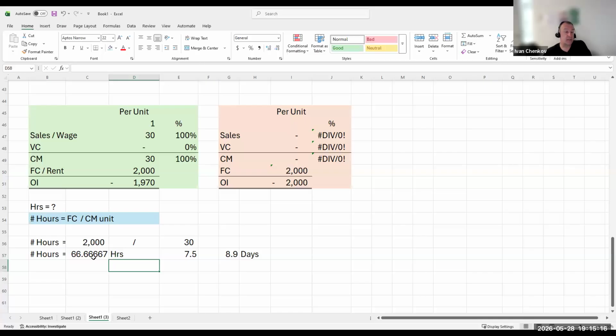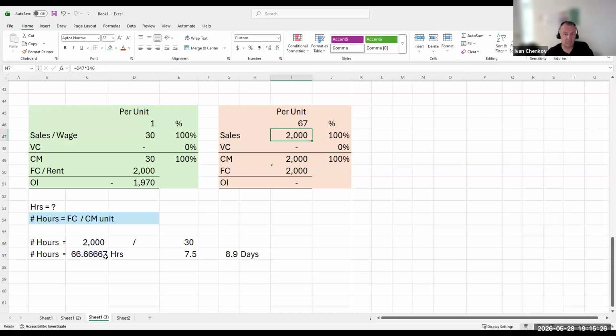So let's see if this actually is true. If I actually work 66.6 hours, you're going to generate sales of exactly $2,000, which is going to be enough to cover your rent expense. So what's going to happen if you work 1 hour more?